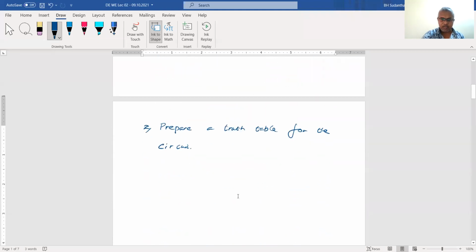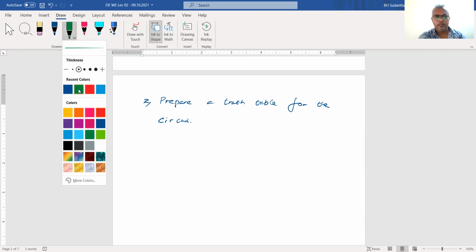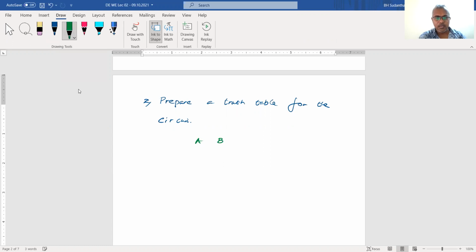In our case, we have 3 columns in our truth table. The first columns are A and B, and this is the output column L. You know that these are the 2 inputs coming from 2 doors, and the sensor output may be 0. 0 may be door is closed.